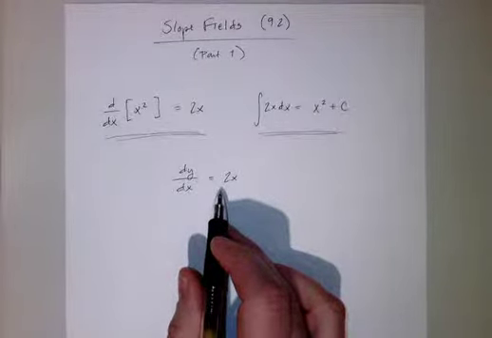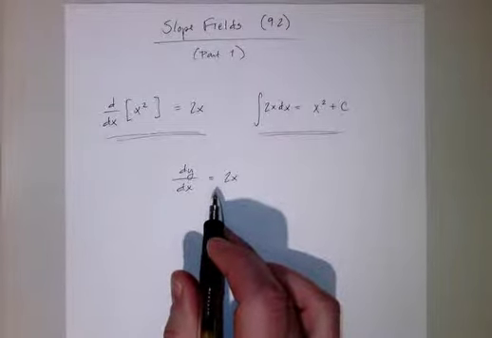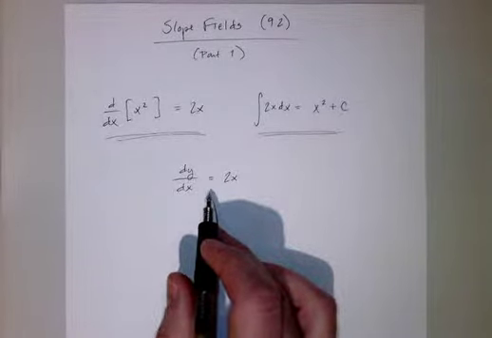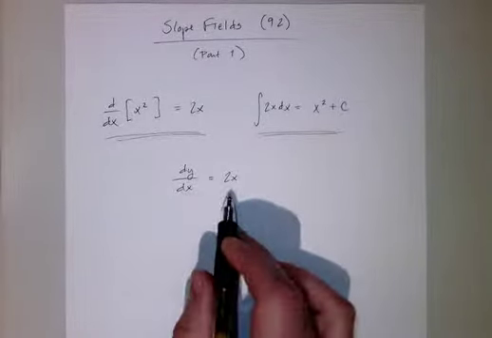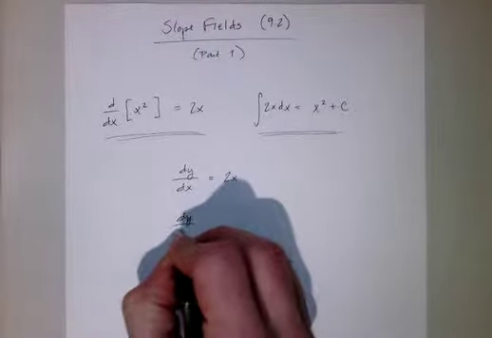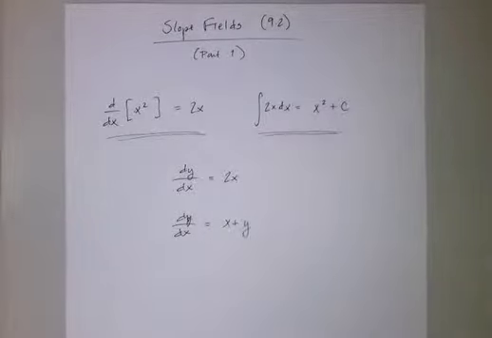Or more to the point, it shows us what the directionality of the derivative would be at any point in the plane. Okay? Well, the great thing is that it does it for this, but it also does it for stuff that is a little less integrable, like x plus y.